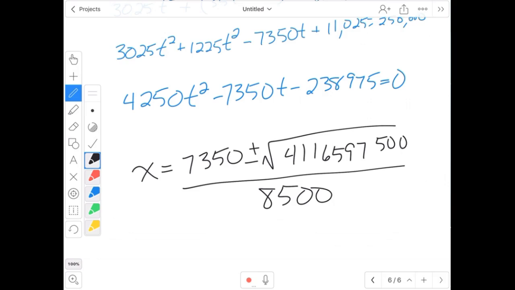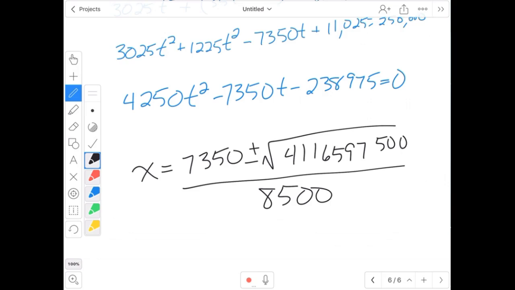Only one of these answers should make sense in the end. So if I take the square root of this astronomical number, 659,750, divided by 8,500.